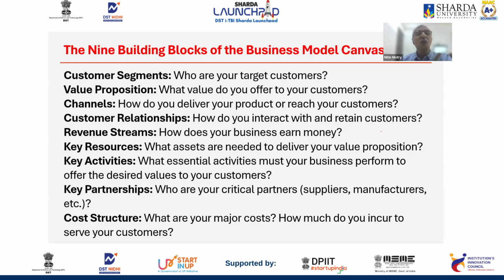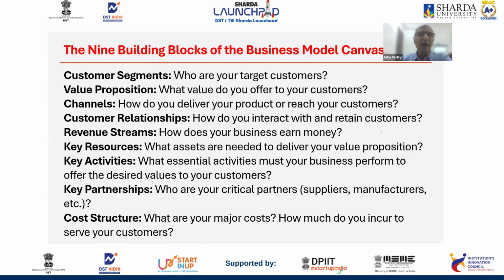Key resources, what assets are needed to deliver your value proposition. That means the value you are going to deliver to your customer, we call the value proposition. What are the assets, the resources you are going to use? Key activities, what essential activities your business must do to deliver the desired value for your customer. Then key partnerships, who are your critical partners?